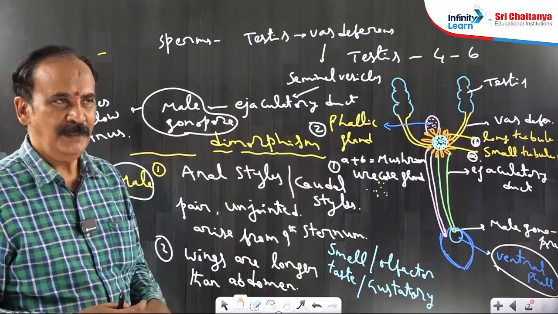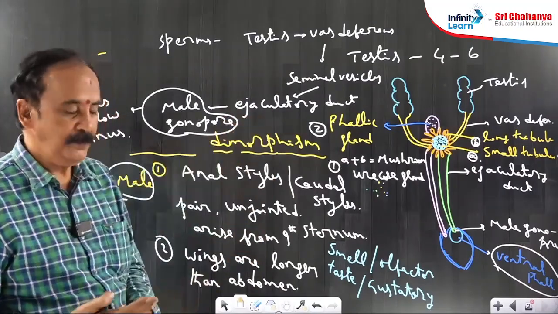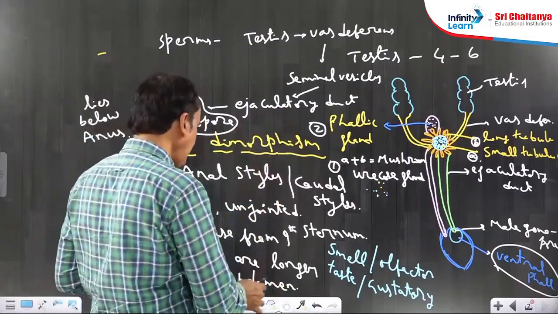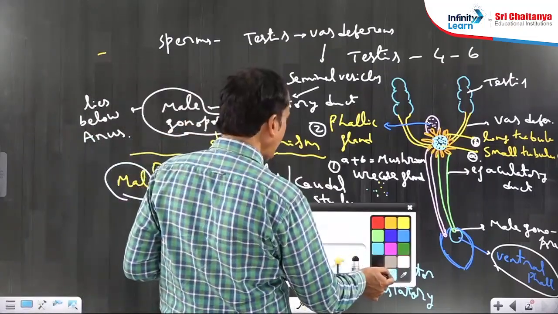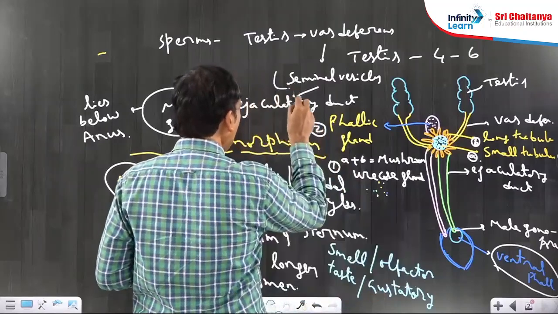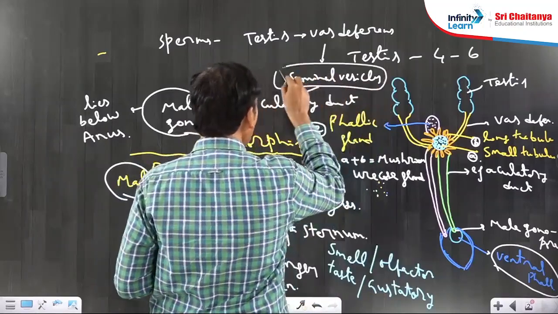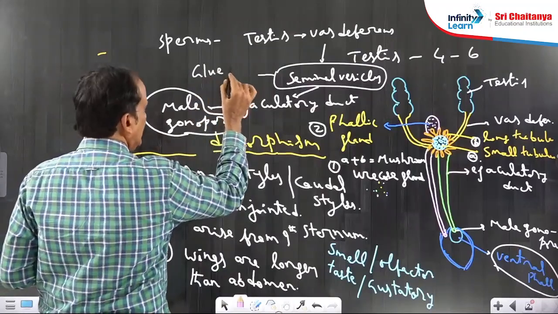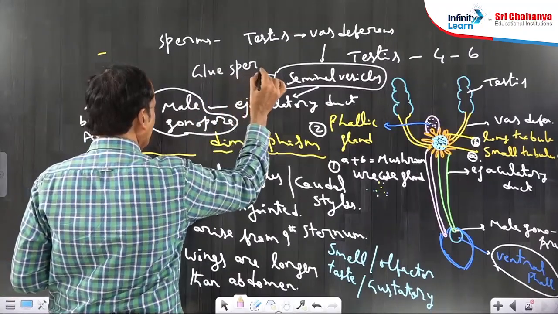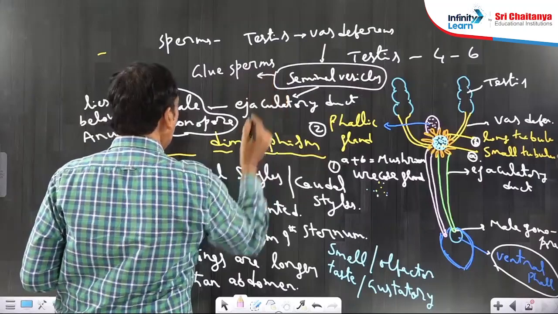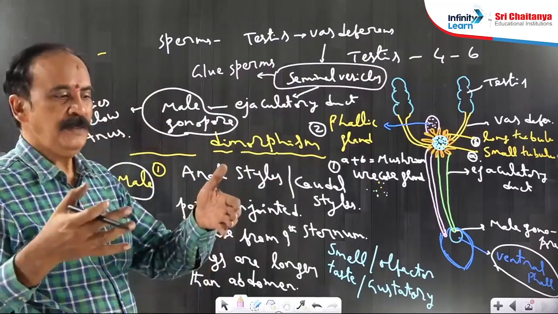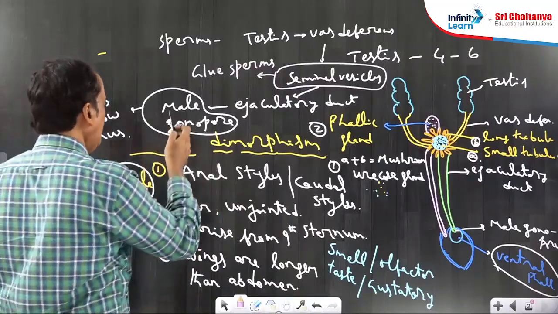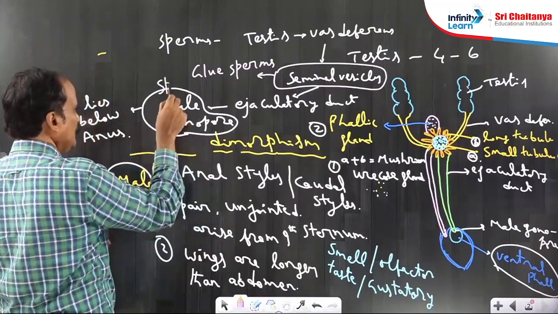It is where sperms are stored temporarily, and the seminal vesicle also helps in gluing the sperm cells. What do you mean by gluing? Glue means it will join or stick the sperms together so that they form the sperm bundle called the spermatophore.